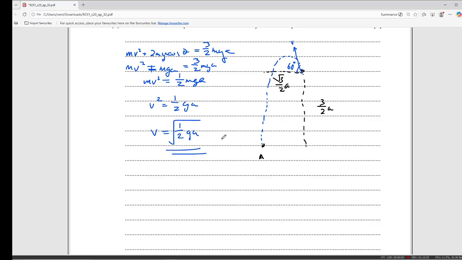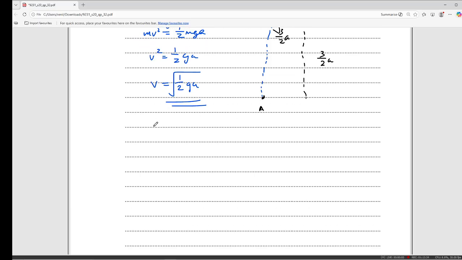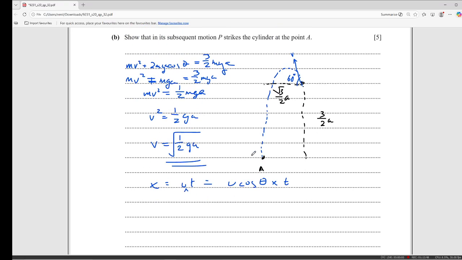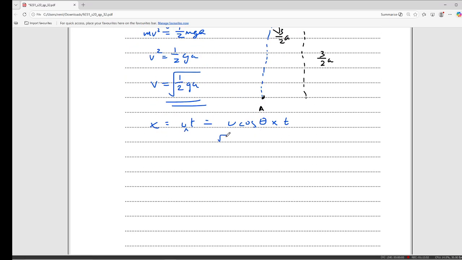Okay, now if it was to travel a horizontal distance of root 3 by 2a, we know that x equals uxt, basically the horizontal component of velocity, u cos theta times t. Now let's consider total horizontal range, which is root 3 by 2a.